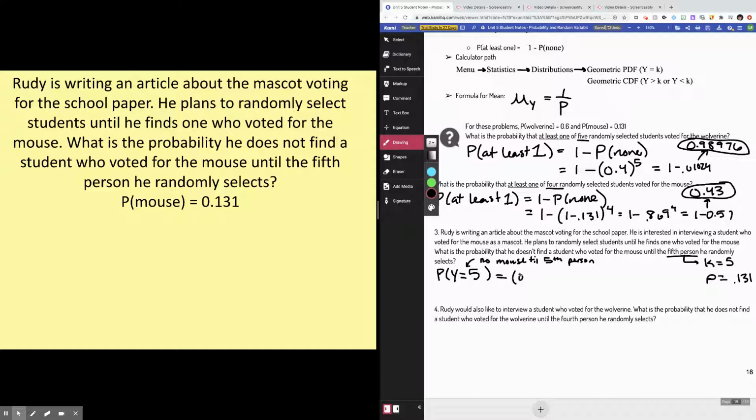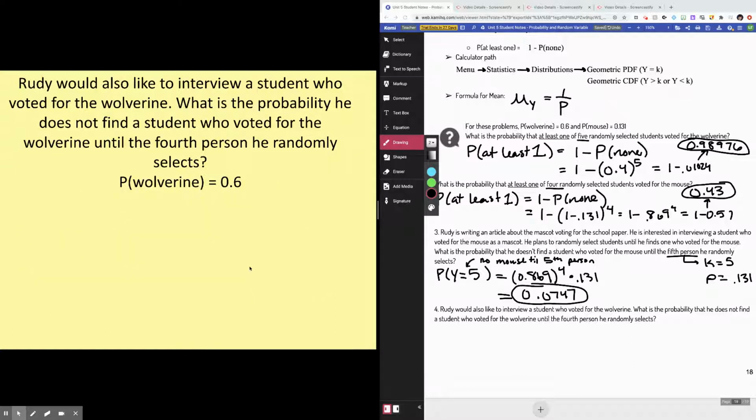If the probability of success is 0.131, the probability of failure is 0.869, and I have 4 failures times my 1 success, 0.131. If you actually go through and calculate that, you get 0.0747. So that's my final answer. Now you can kind of see it worked out here on the left-hand side.